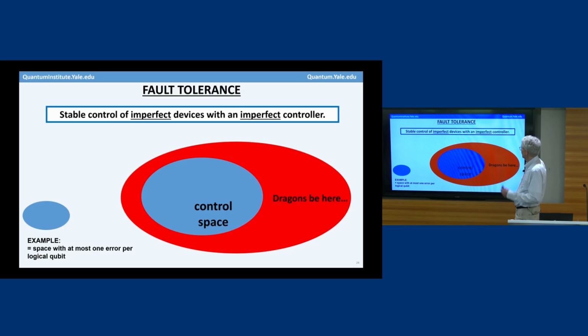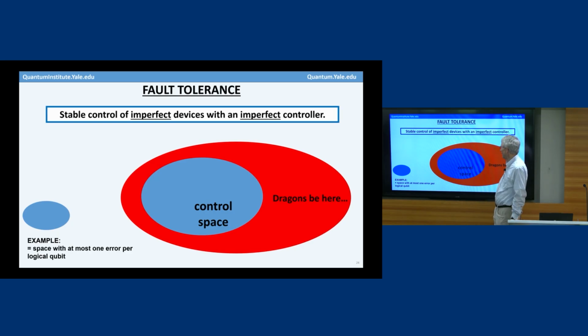So that's error correction. Let's again talk about fault tolerance for a second. So this is either a control problem or a communication problem, and this is the good place. This is where the number of errors is correctable, or the autopilot can recover from turbulence if it's not too big, and out here you can't.